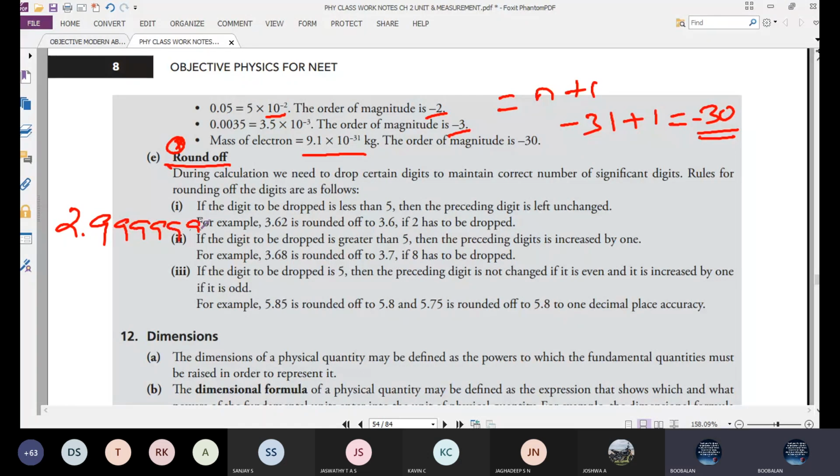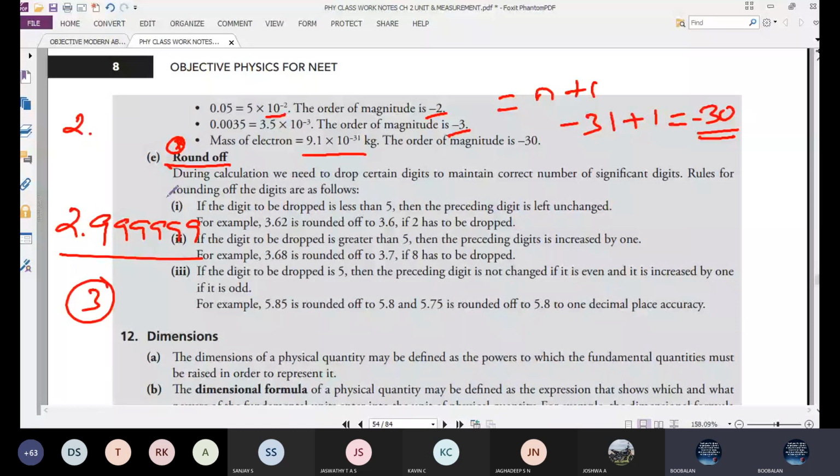It is difficult to remember and difficult to write in the problem. So we round up, 2.9 is more than 5, so easy to remember 3. Maximum in physics, in some areas we are using roundup to 2 decimals, maximum 2, minimum 1.